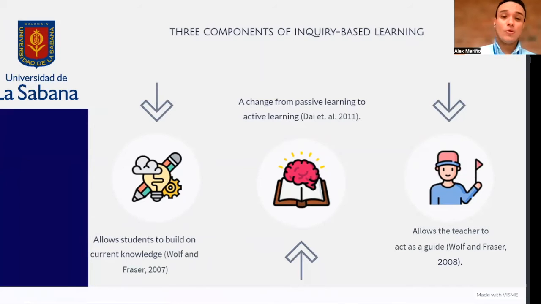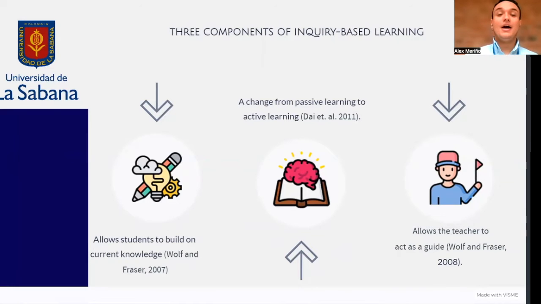The second component is that there is a change in the mode of the learning process, in which the students are not going to be passive learners anymore, because now they have to take control of their own learning experience, and they are going to have active learning.